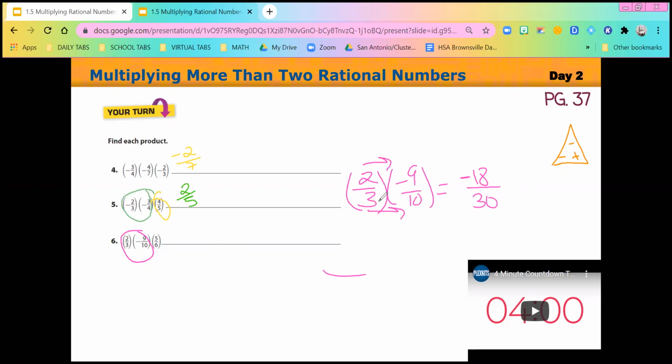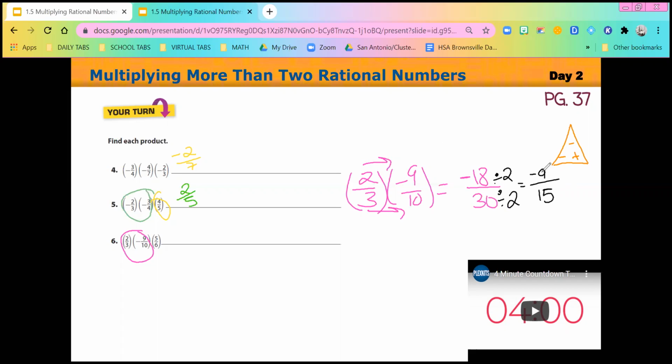So it's better to simplify at this point. Let's try something pretty easy. Let's try 2 and see what happens. Negative 18 divided by 2 gives me negative 9. 30 divided by 2 gives me 15.